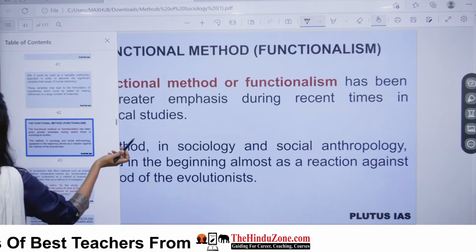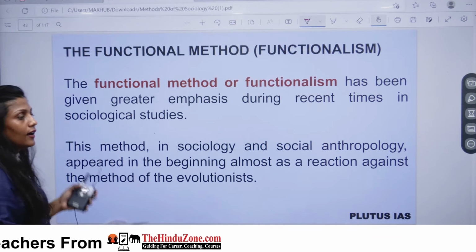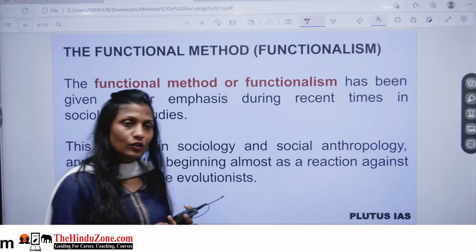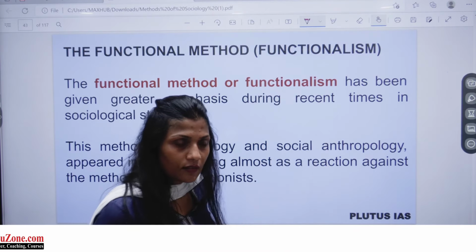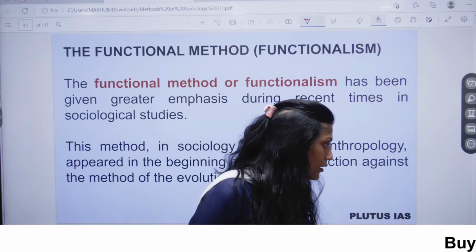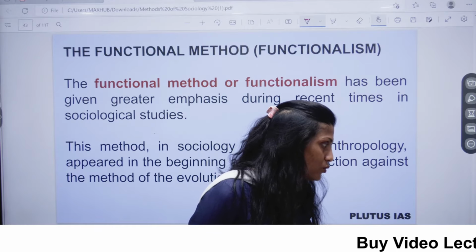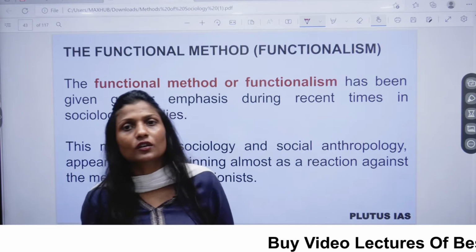Now we come to the functional method. The functional method is similar to functional theory. So write down what the functional method is.